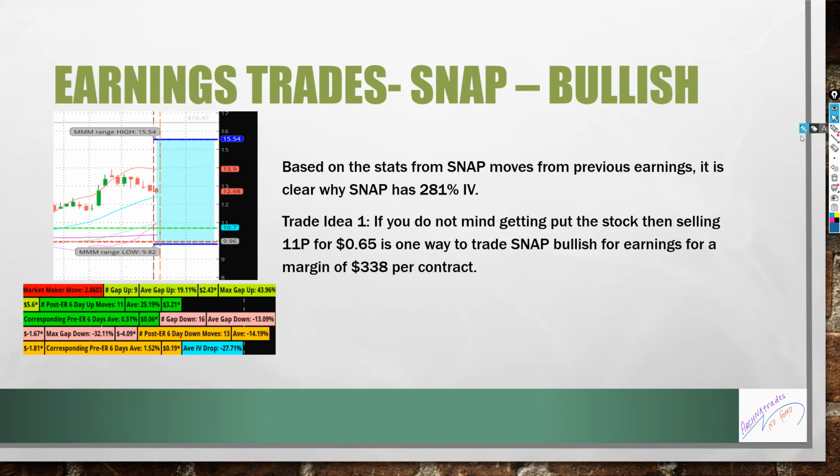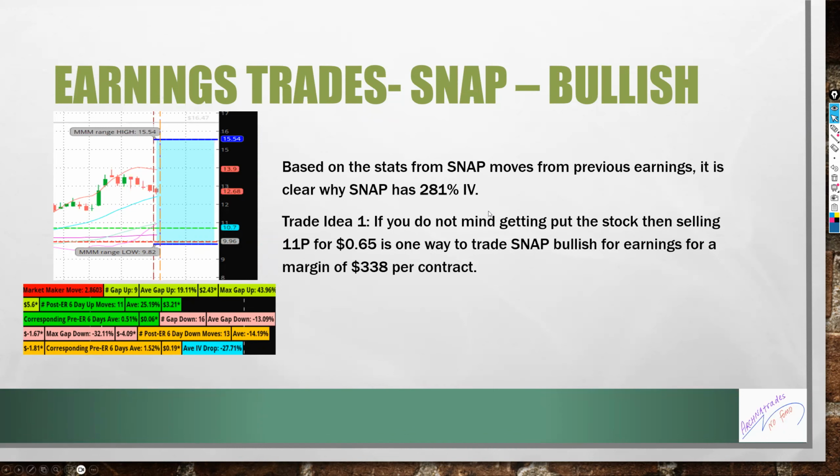You are getting that much credit only because the IV is high. You could do other selling strategies, like straddles and strangles. They require a lot of margin. I do not want to go into those kinds of trades here. That is not what I'm going to be teaching here.